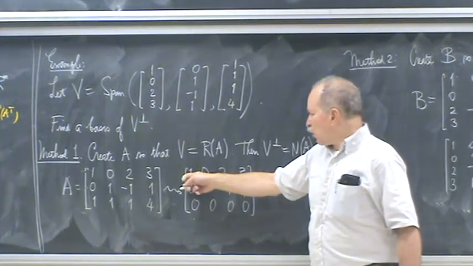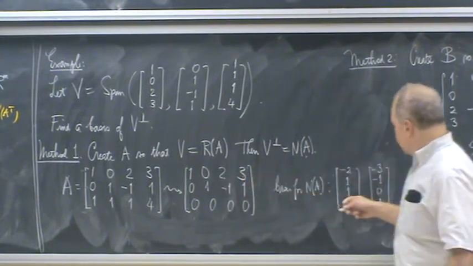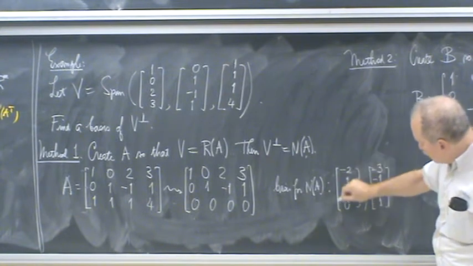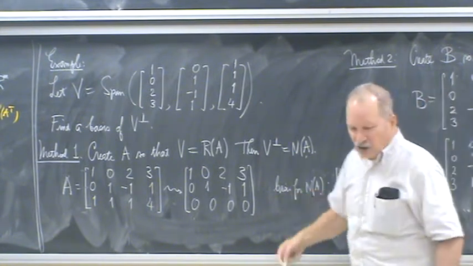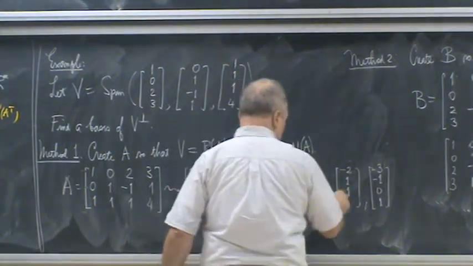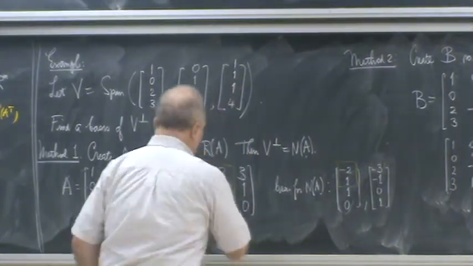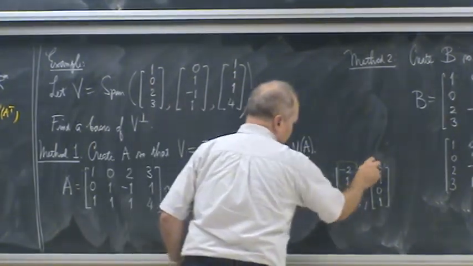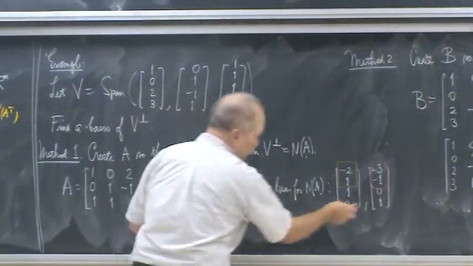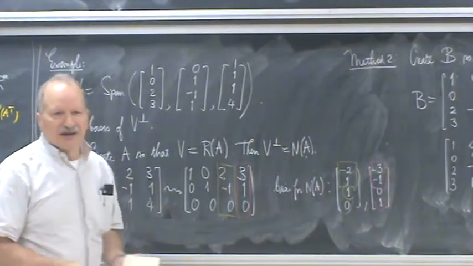This is saying x1 is -2x3 minus 3x4. So all the stuff from this column goes here, and all the stuff from that column goes there, and then you've got the x4 pivot variable and the x3 pivot variable.